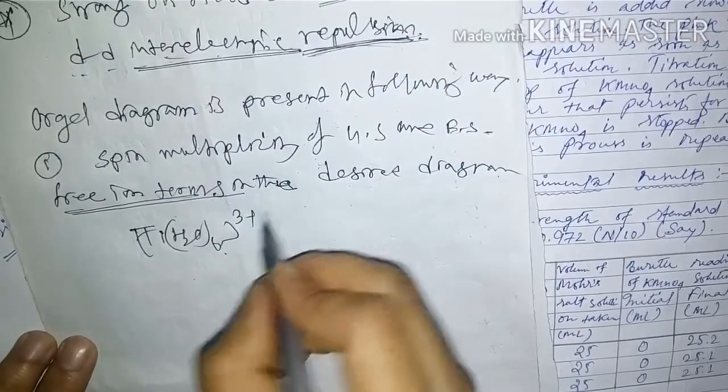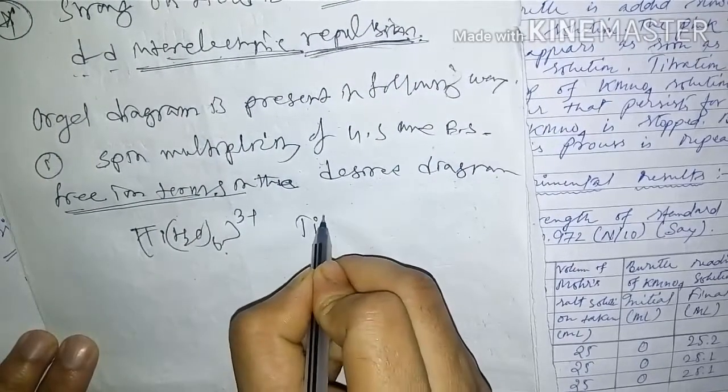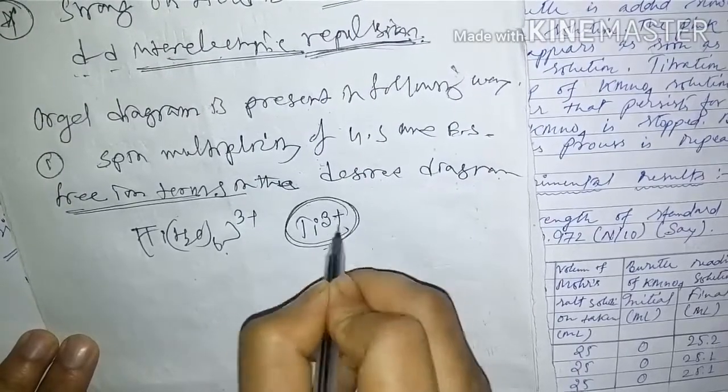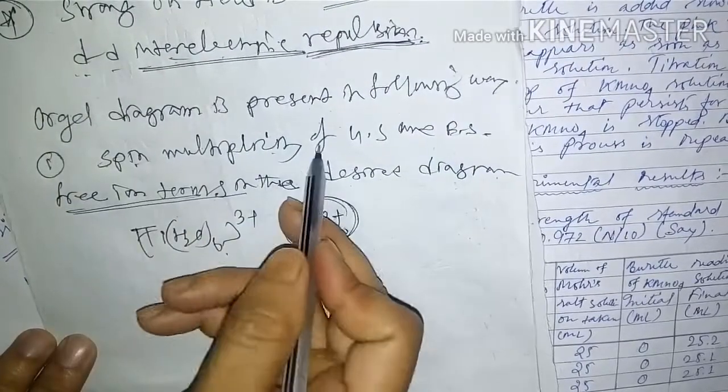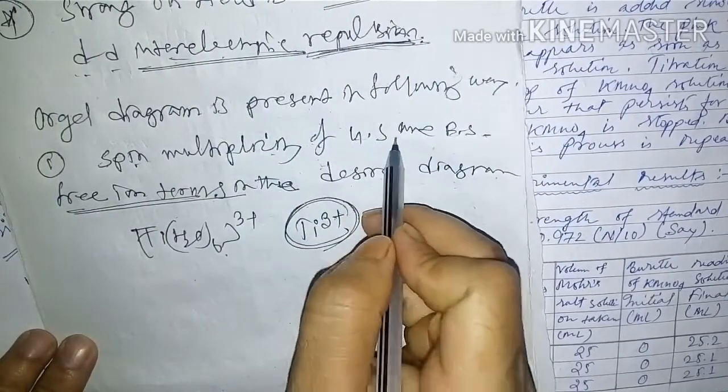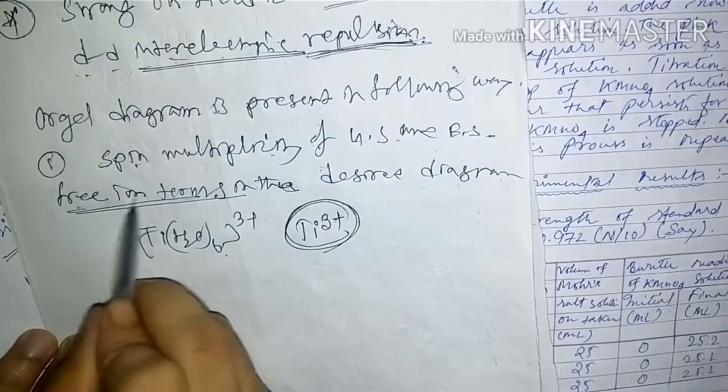Here free ion means what? Titanium, suppose titanium 3+. So this is the free ion. So the spin multiplicity of the ground state and excited state free ion terms.